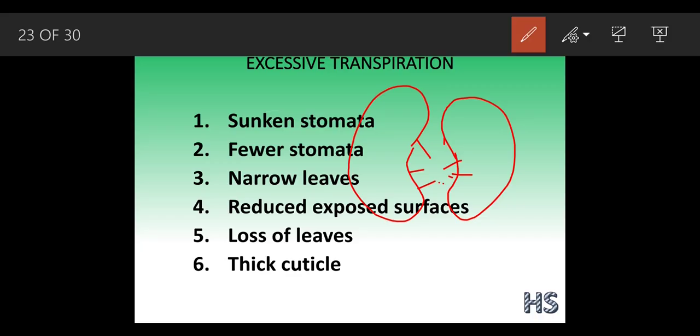What is the function of these hairs? These hairs prevent the loss of water, because whenever the plant tends to lose water, all the water will stick to these hairs, so there would be no loss of water. This was about the sunken stomata.